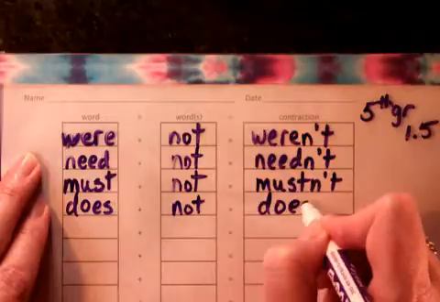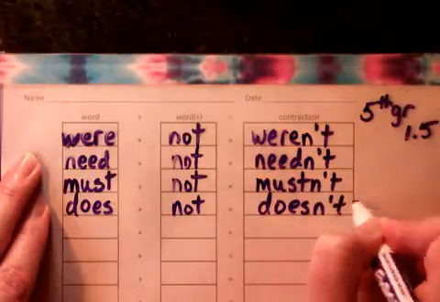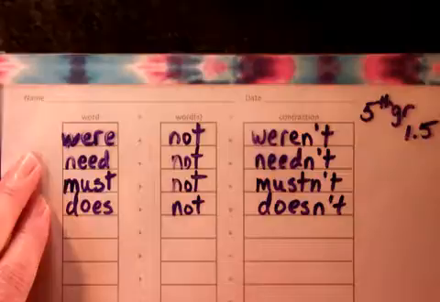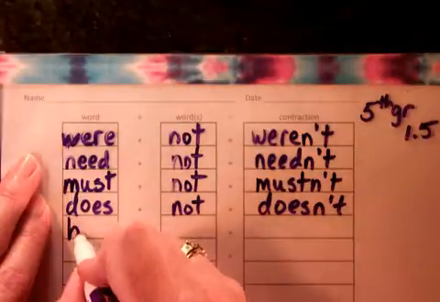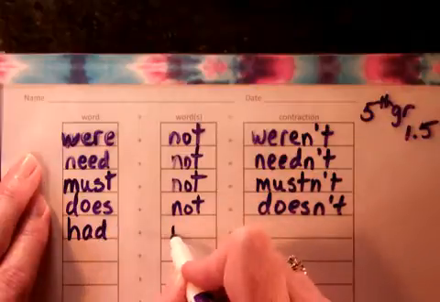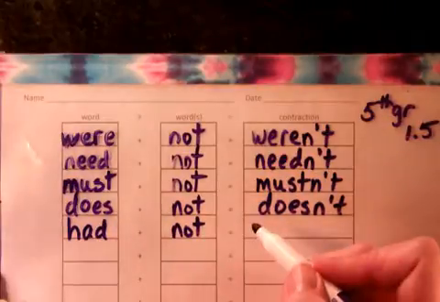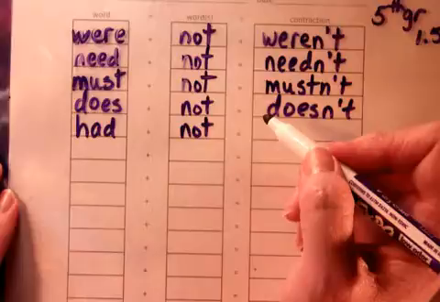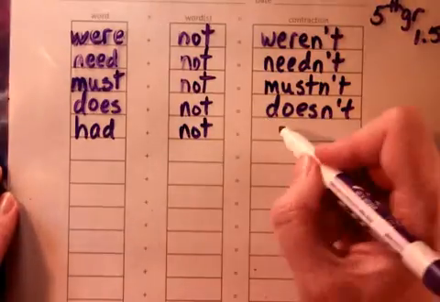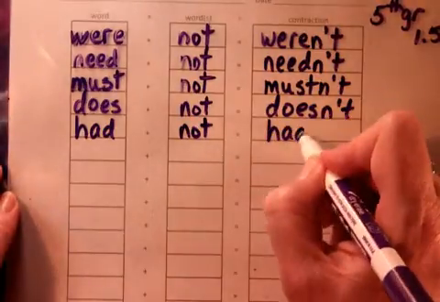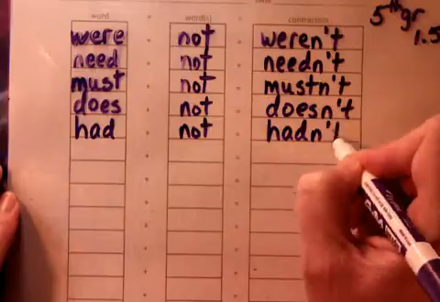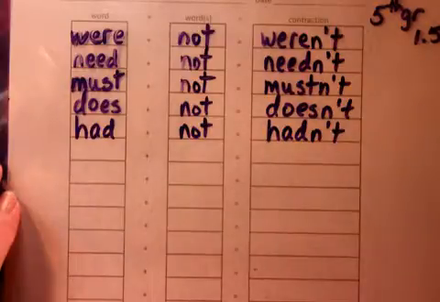So we put does, N, apostrophe T, doesn't. The next one is had and not. Let's scoop this up. Had and not. So we put had, N, apostrophe T, hadn't.